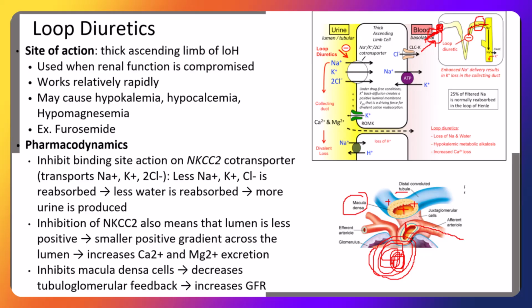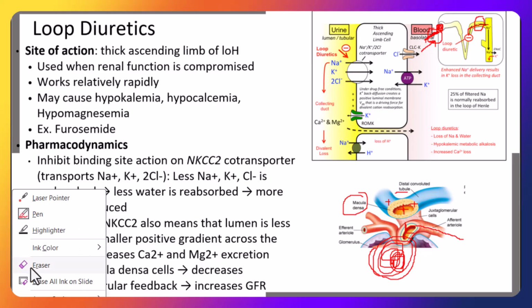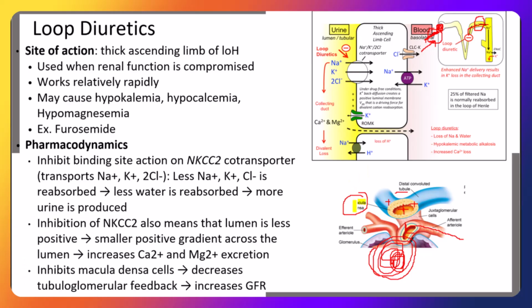Now, how does this relate to loop diuretics? Well, loop diuretics can actually inhibit these macula densa cells and not allow them to function normally. In fact, it confuses them into thinking that there is actually a reduction in sodium.